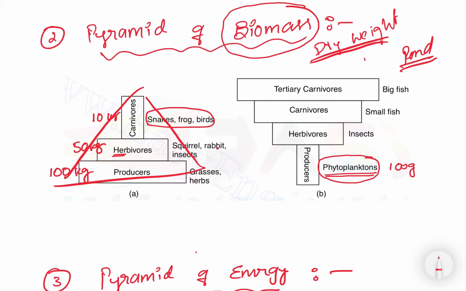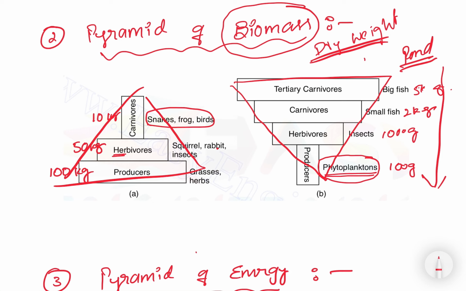And then herbivores may be 1000 grams, and then 2000 grams, and then 5000 grams, 5 kilograms. So here, this particular pyramid of biomass in a pond ecosystem may be inverted in shape.